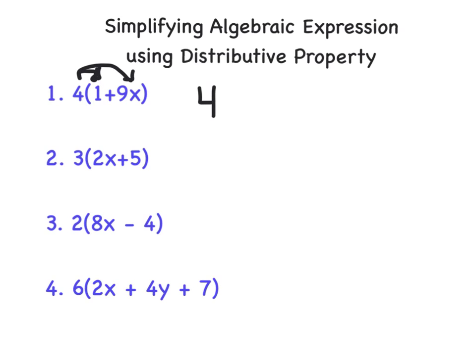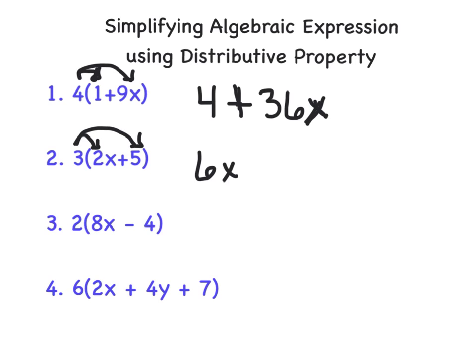And then 4 times 9x, which 4 times 9 is 36, and you just bring the x along. And you cannot simplify this any further because these are not like terms. So the next problem, you have 3 times 2x, which is 6x, and 3 times 5, which is 15. Remember, we go to everything in the parentheses because it's multiplying everything in the parentheses.